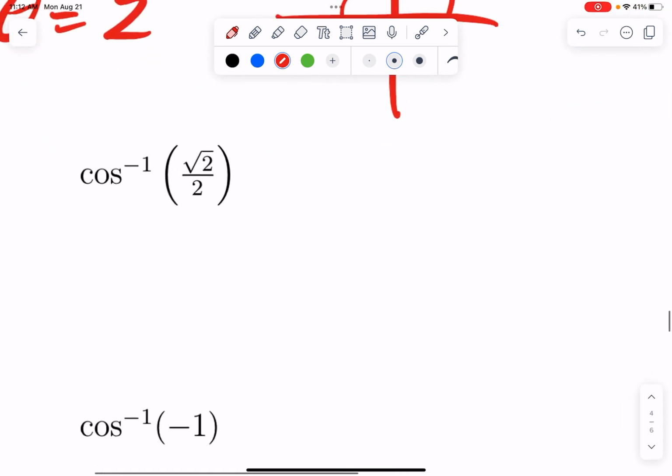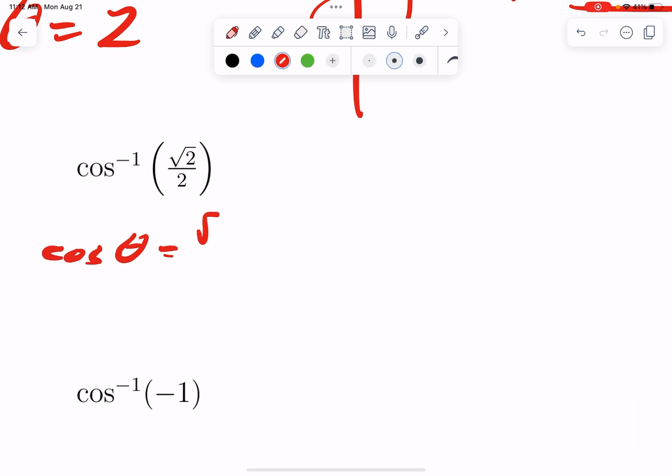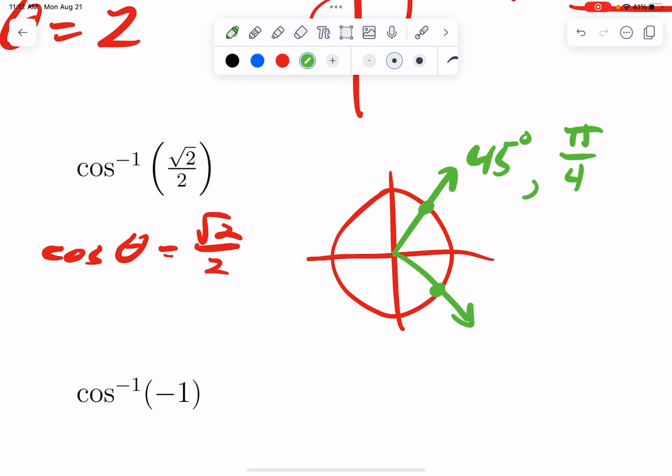Okay, inverse cosine of root 2 over 2. So here we're thinking cosine of some angle is equal to root 2 over 2. That's the one that happens with these in-between angles. It could be 45 degrees or pi over 4 up here. Could be negative 45 degrees or negative pi over 4 down here.